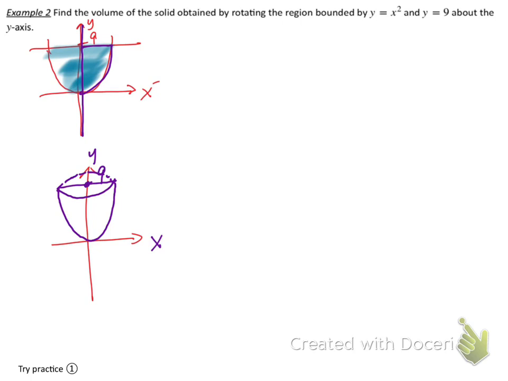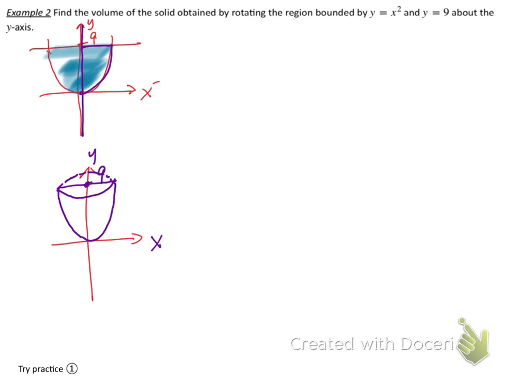That will be my A of x. Or in general, the idea is you always choose the axis that you are rotating on to be the independent variable, because when you slice it perpendicular to the rotation axis, you'll get a bunch of circles.